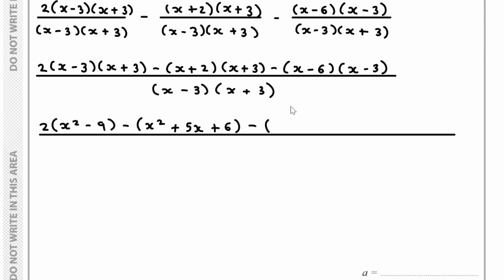And then we subtract off. Well, here we've got x times by x, that's x squared, x times by minus 3, and then minus 6 times by x, well, that will be minus 9x. And then minus 6 times minus 3, that's positive 18. And on the bottom, we still have the x minus 3 lots of x plus 3.